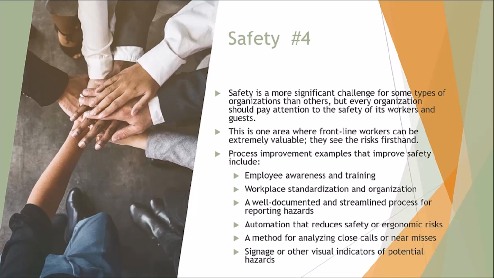So if you're able to work with your organization to understand that this is a top priority, you can begin to look for areas to improve and maintain that safety culture, right? You can work on enhancing employee awareness and training, workplace standardization, documentation, making sure that everyone knows what the organization needs to do to ensure that the processes work and they work right all the time, that no one gets hurt and everyone goes home.